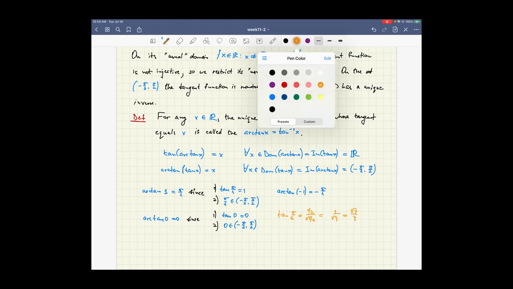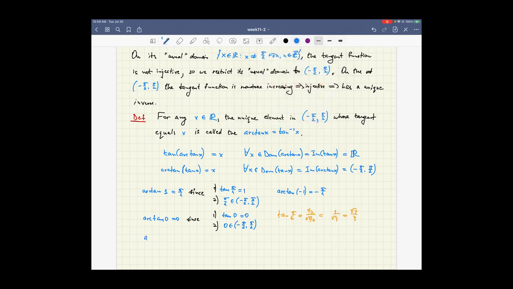So that tells us that arctangent of √3/3 is pi/6, since tangent of pi/6 is √3/3, and pi/6 is in the desired range, -pi/2, pi/2.